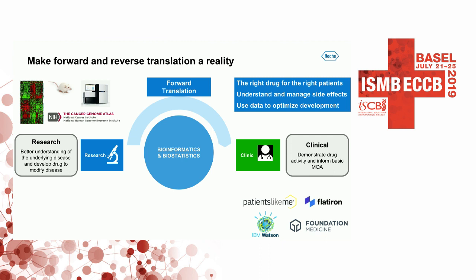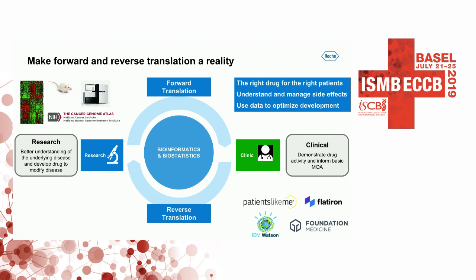And there are many others, like PatientsLikeMe. There's IBM Watson around. There's a company that Roche bought. By the way, both of these companies were just recently bought by Roche, Foundation Medicine as well. And we try to use this data to do something different, namely to go from clinic, which is in the end the population we want to look at.